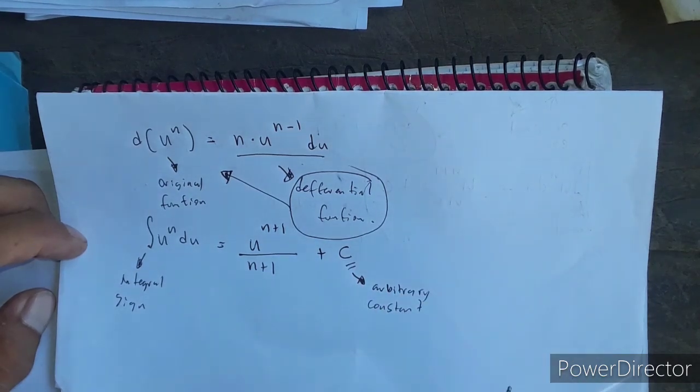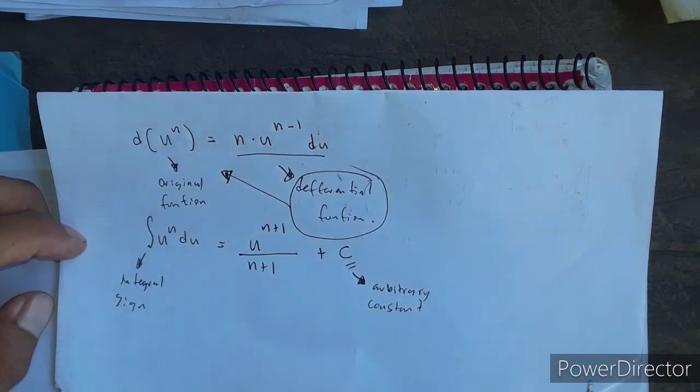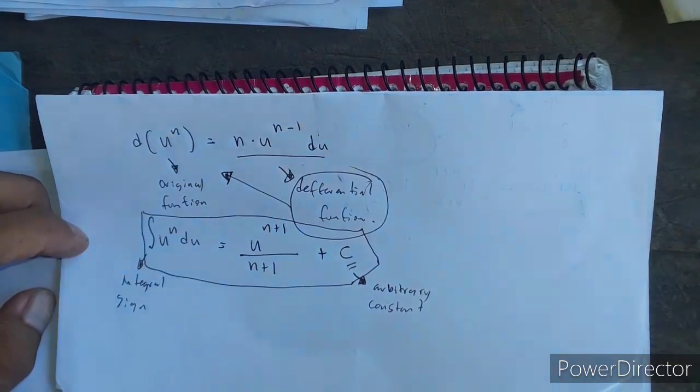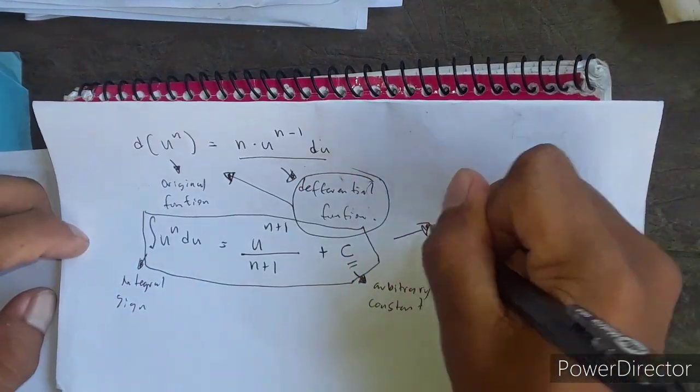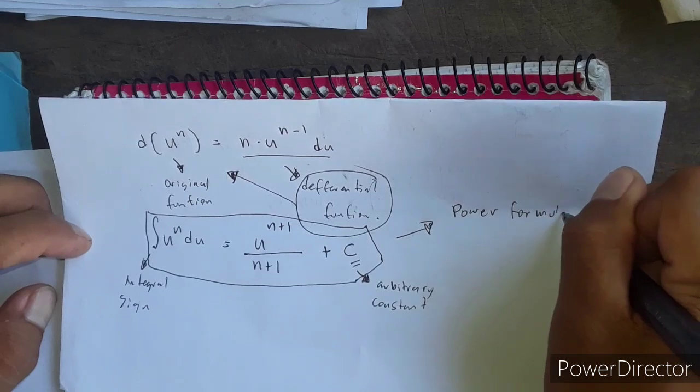Therefore, the arbitrary constant could be any number. And now this is the power formula of integration.